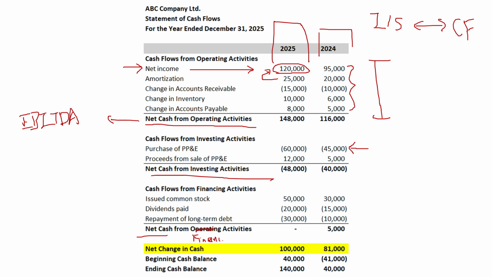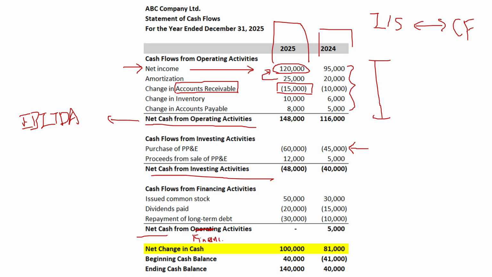Then you have real cash items, like accounts receivable. I don't know if we talked about this, but for a business, accounts receivable is basically when your customers buy stuff from you on credit, so your accounts receivable increases because you're going to receive that amount in cash in the future. This just tells you how it changed.